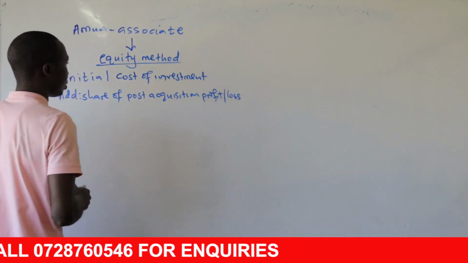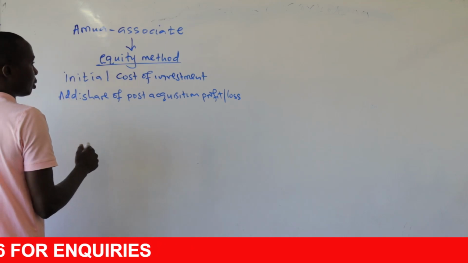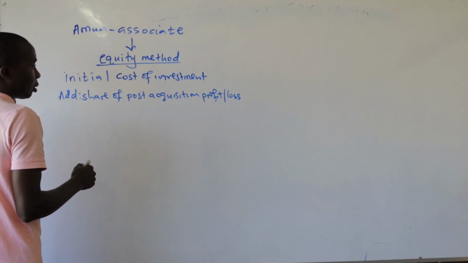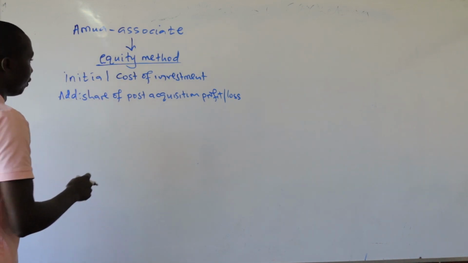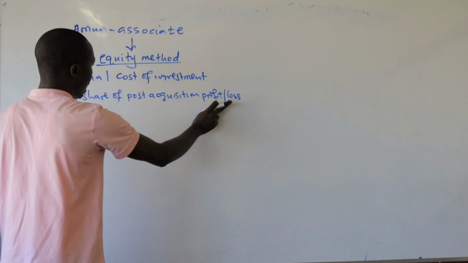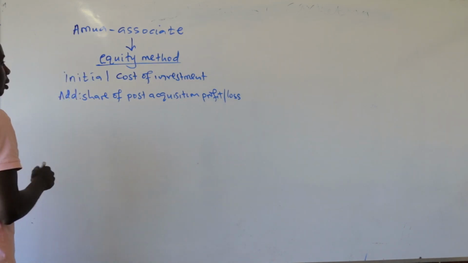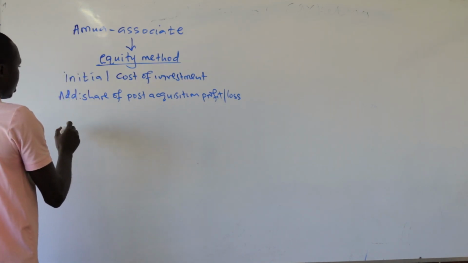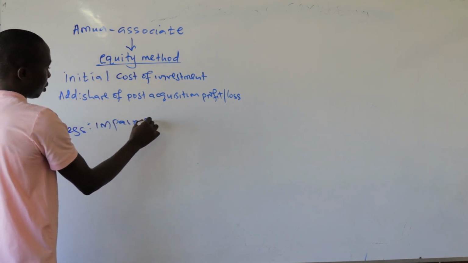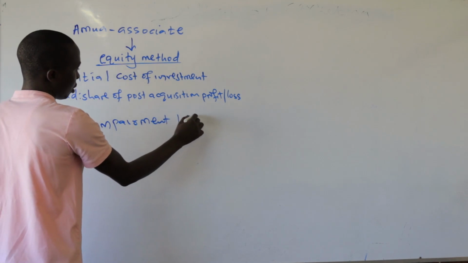So if it's profit, you add. If it's loss, you are supposed to deduct. So then you raise impairment loss.